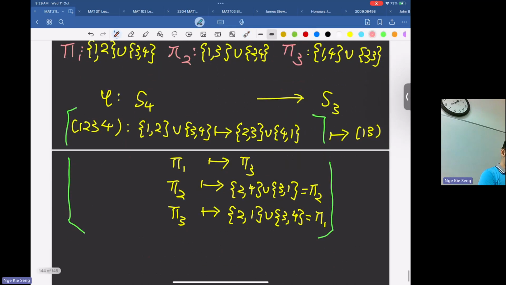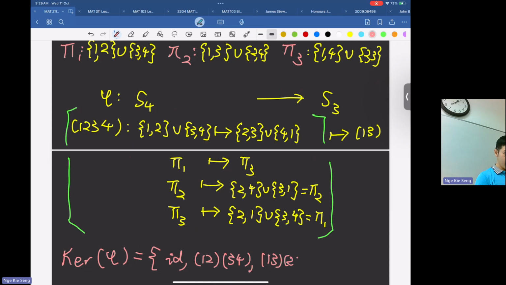Let me tell you the answer and then you think about it. So the kernel of phi is exactly, first of all, the identity must be in there, and the disjoint cycles (1 2)(3 4), (1 3)(2 4), and (1 4)(2 3).